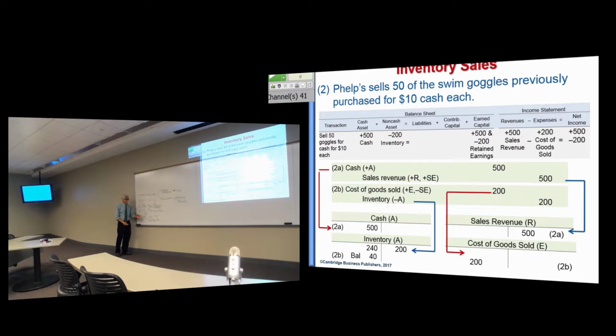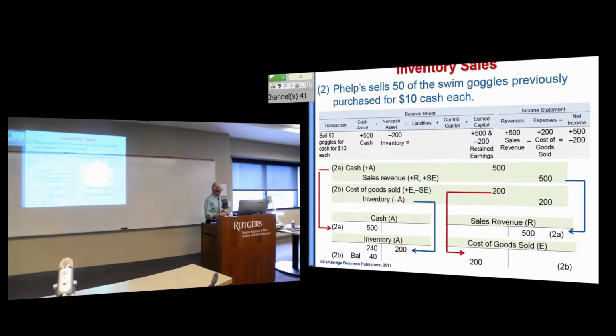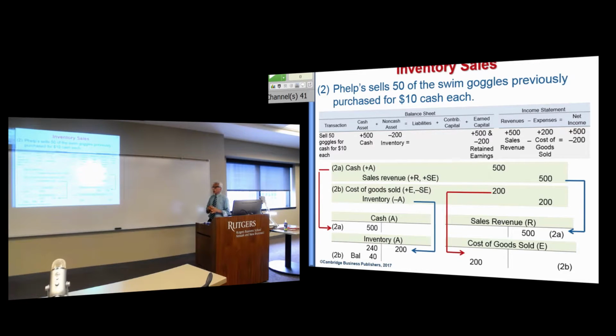You may wind up with a different gross profit. You may wind up with a different ending inventory balance, and we'll get to that in just a few minutes. But now, when you look at the acquisition of inventory, in this case it was pretty straightforward. They paid $4 a unit. But inventory cost is really a little bit more complicated than that.